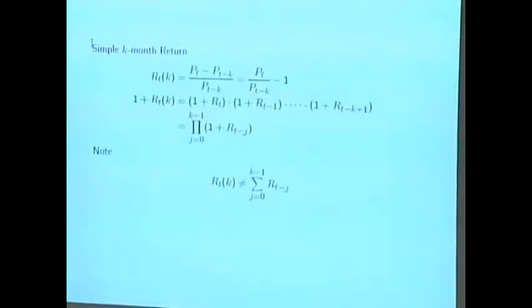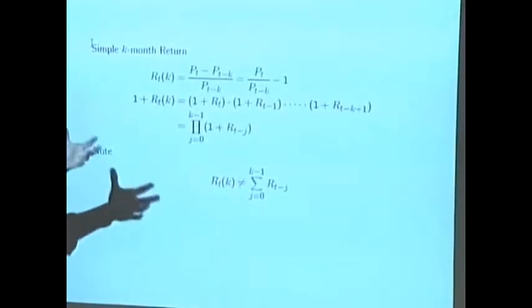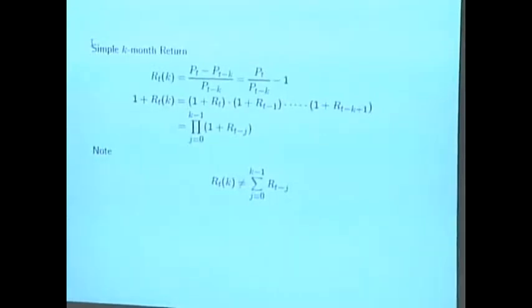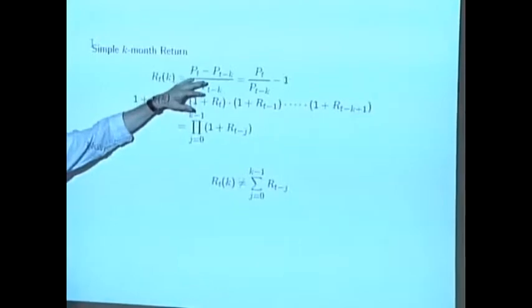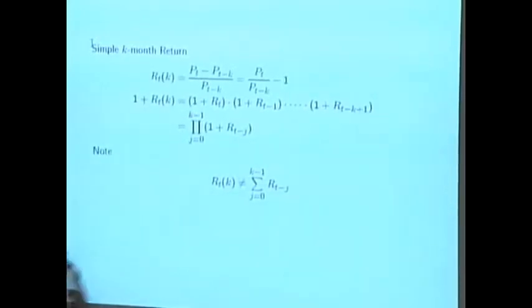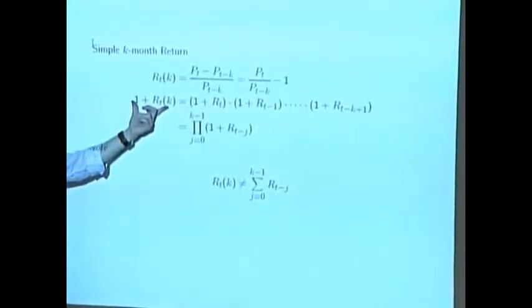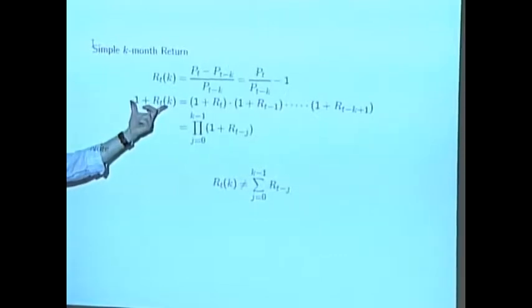Now we can do the same thing if our investment horizon is K months. So say our investment horizon is 2 years, 24 months. And so what's the rate of return over 2 years? Well, it's a percentage change in price over 2 years. And so this would be the 2-year gross return.